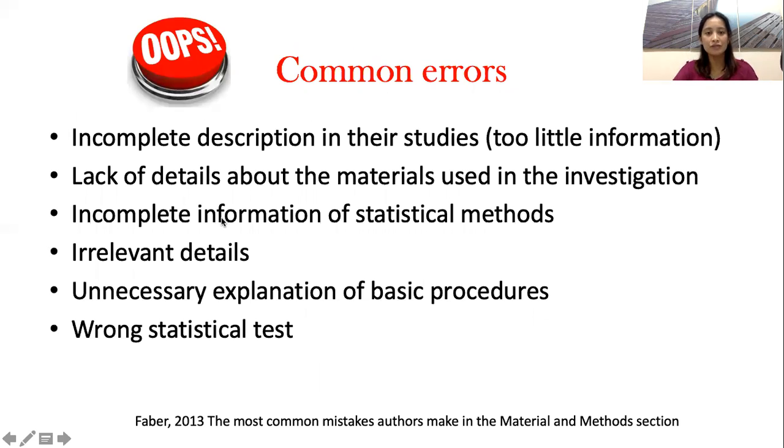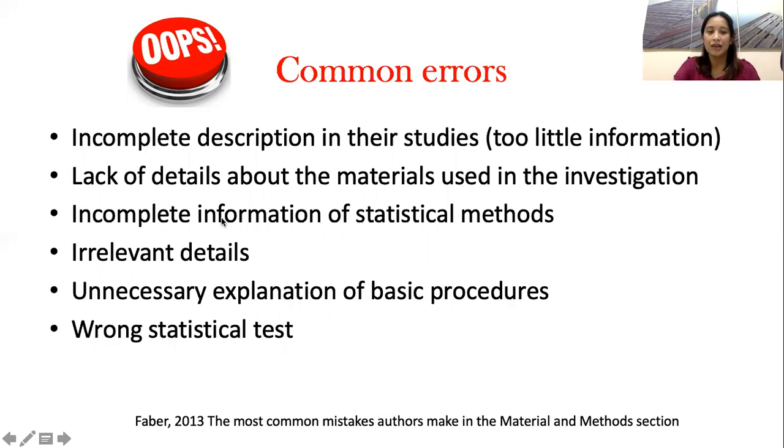Common errors when writing up the method section are incomplete description of the study, too little information, lack of details about the materials used in the investigation, incomplete information of the statistical methods, and irrelevant details. An example of that would be, let's say your intended audience are gastroenterologists.